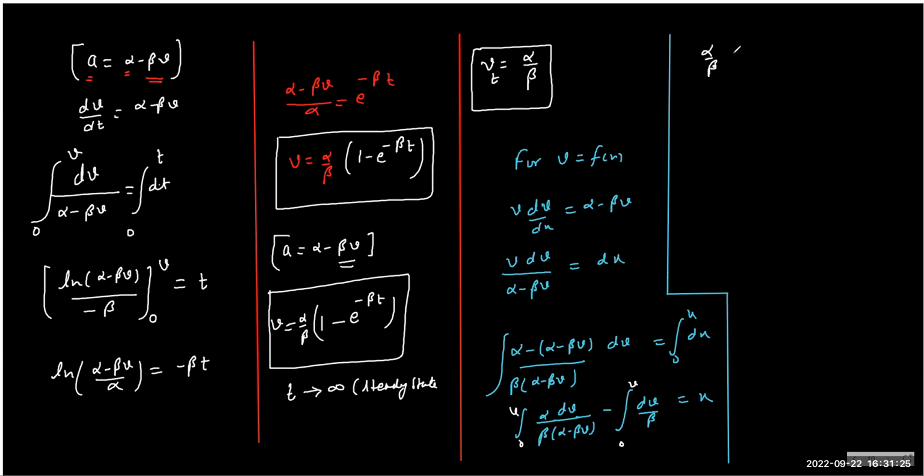So dv by this will be how much? This is ln (alpha minus beta v) by minus beta, minus v by beta. So minus alpha by beta square ln (alpha minus beta v) by alpha.